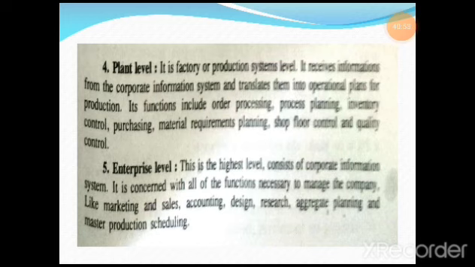If the company is managing, what does it mean? It is through the enterprise level. Like marketing and sales, accounting, design, research, aggregate planning, and master production scheduling. All these things come under the enterprise level. So enterprise level is the highest level, device level is the lowest level, and cell or system level is the midway level in case of levels of automation.